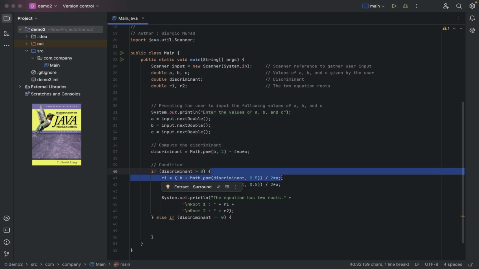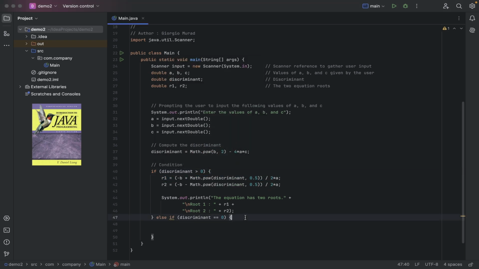So let me just copy this, print it here. The discriminant is 0, so I don't need that. Just this. Alright.